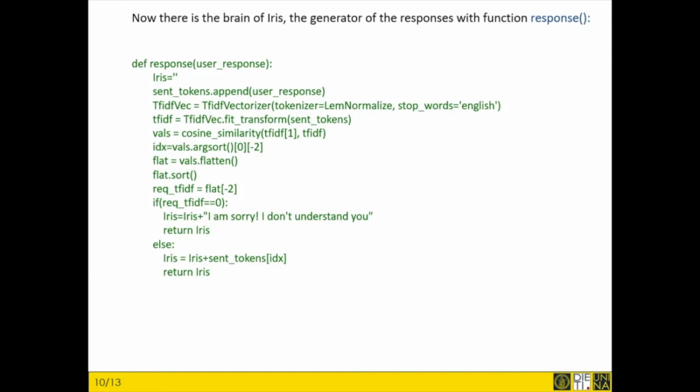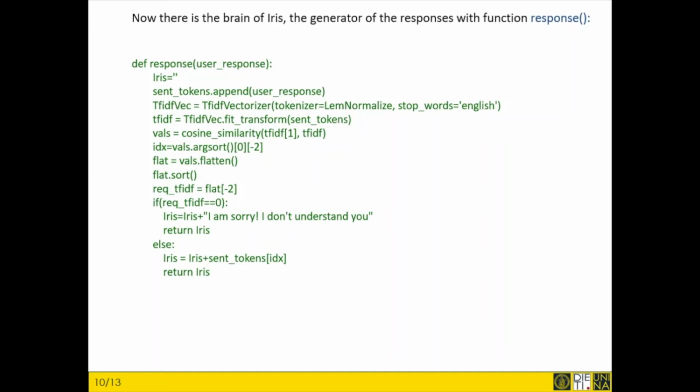This is the main function of this module, where Iris actually generates the answer to give to the user. First of all, we create an empty string, iris. After that, we add the user response to the send tokens list, which is the Iris chatbot knowledge. Then we create a vector of lemmas with the function TfidfVectorizer.